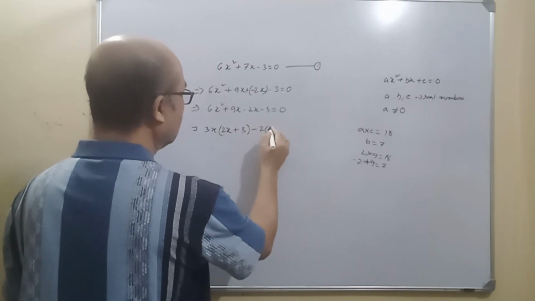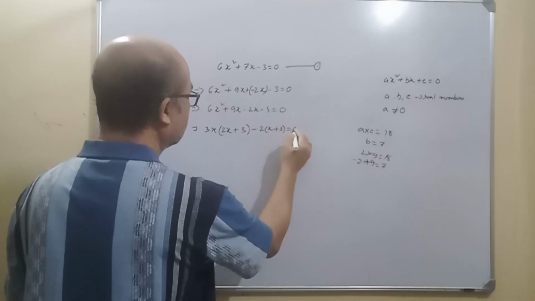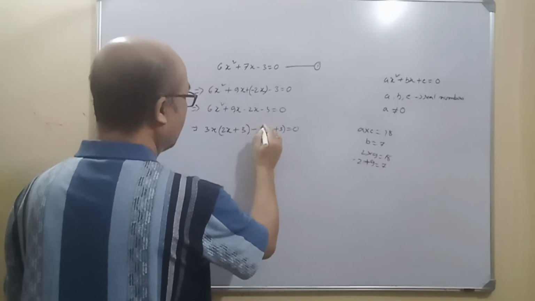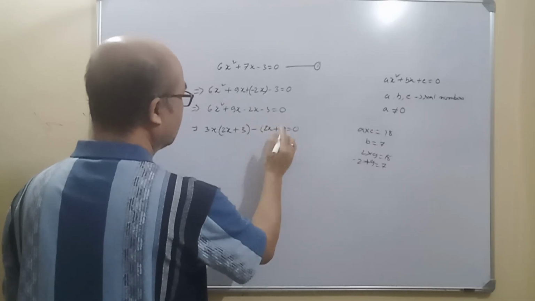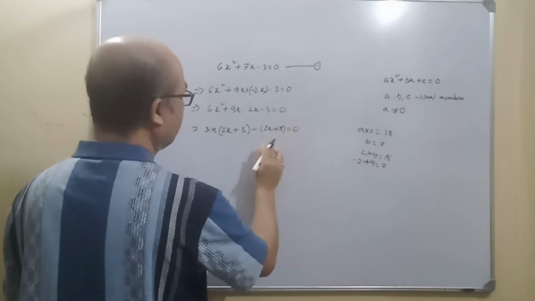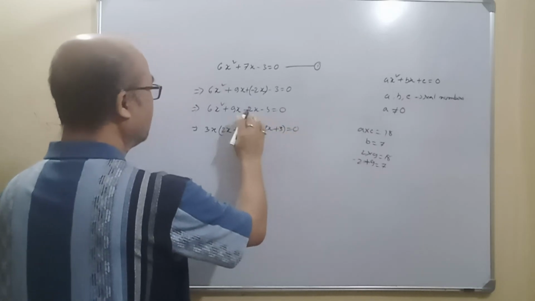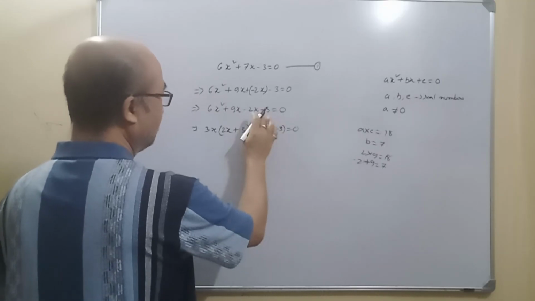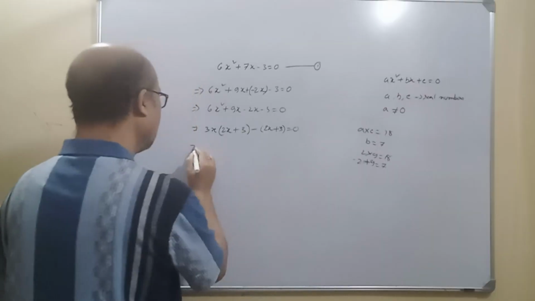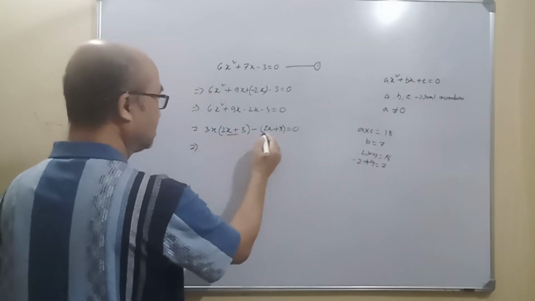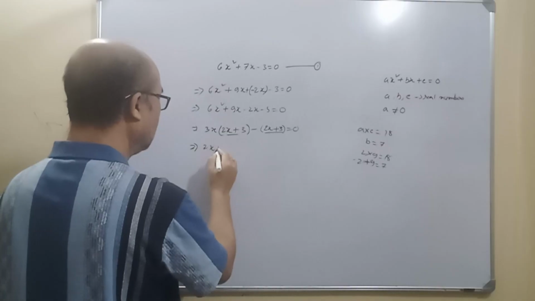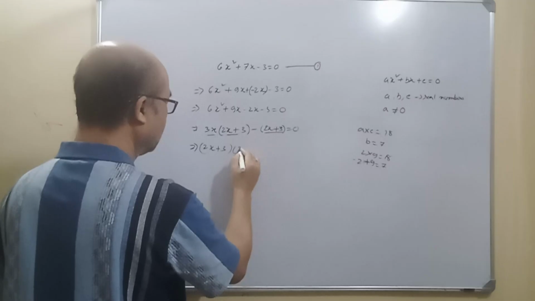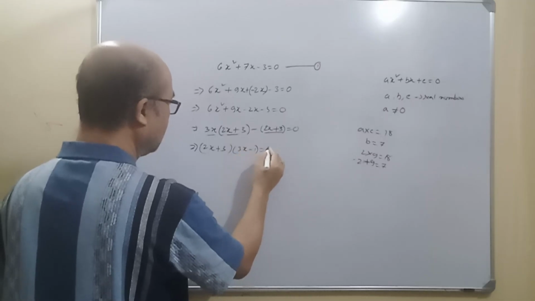Then minus 2x minus 3 is equal to 0, so minus 1 times 2x plus 3. Then 2x plus 3 is common. Then 3x minus 1, so 2x plus 3 into 3x minus 1 is equal to 0.